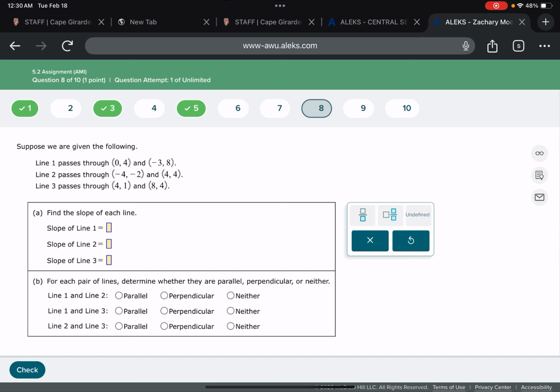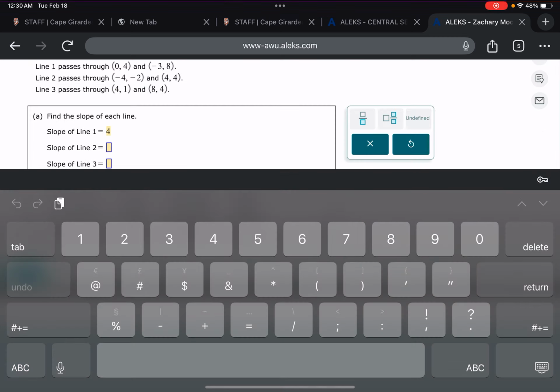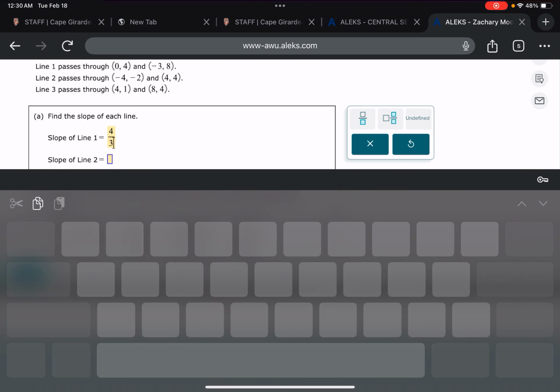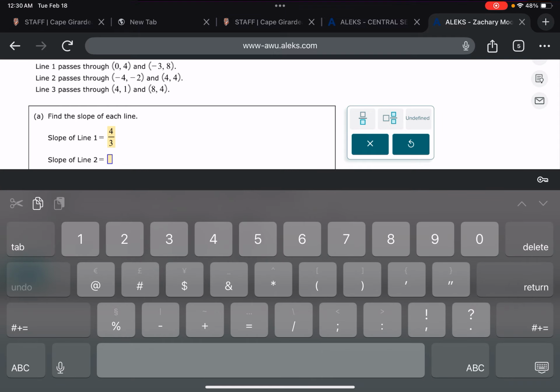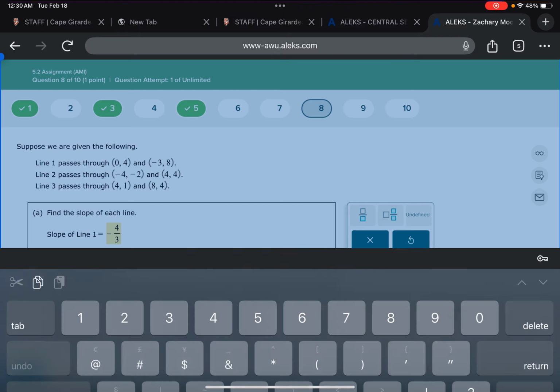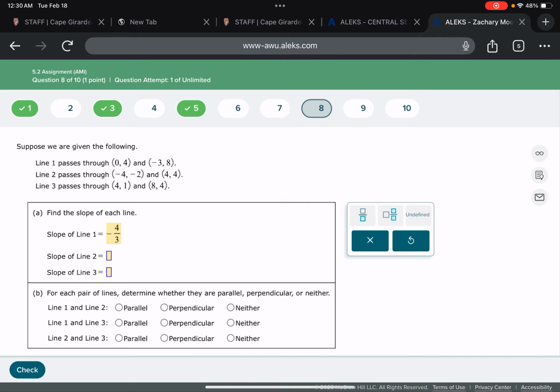So then therefore you have your slope of 4 over -3, which you could just put your negative in front of your 4. And then that would be your slope for line 1.